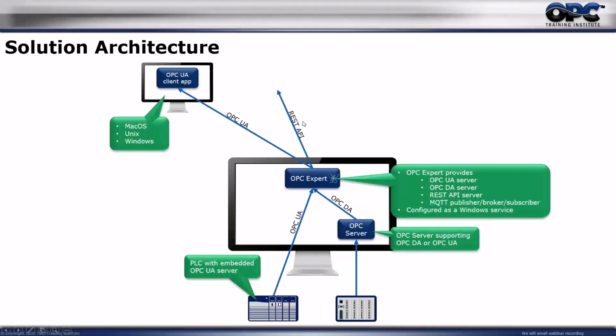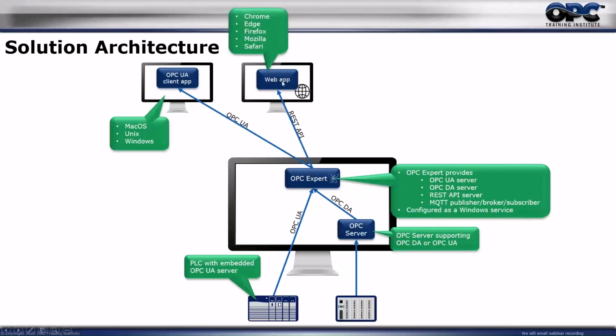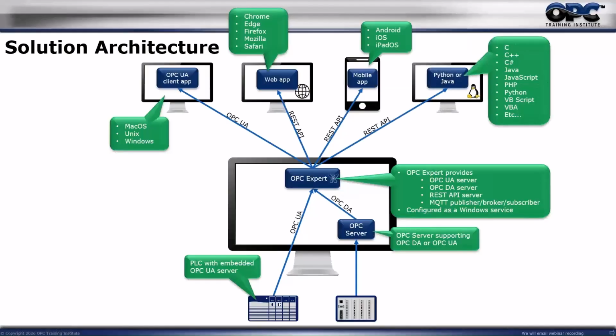Or if you prefer, you can go with REST API to some web application that you wrote or you have, or REST API to your phone or to your tablet, or again, REST API to some other computer, maybe Linux running Python or Java or whatever it is you want, or if you want to write that application with C++, knock yourself out. So all of that is available.